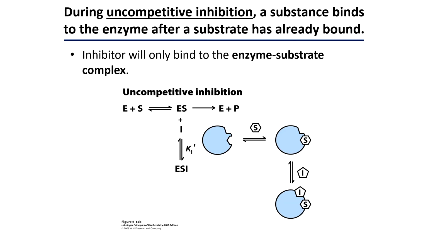Let's look at the next class of inhibitors, uncompetitive inhibition. This is a process in which a substance binds to the enzyme after the substrate has already bound. This means this inhibitor looks totally different from the substrate because it's binding in a different place, at a site that's very near the substrate.